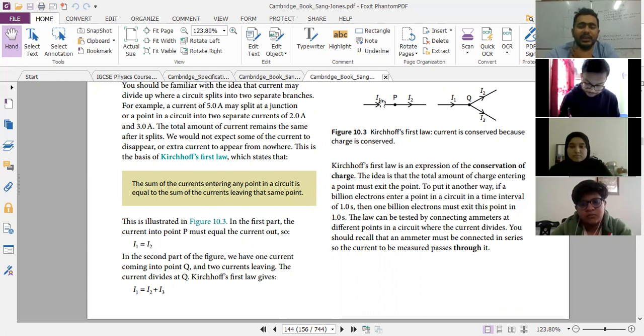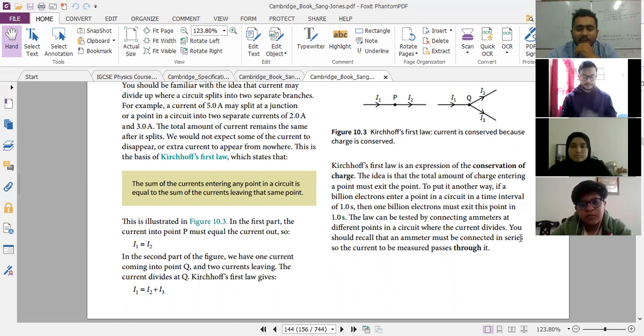That is, if we connect an ammeter on the left side here, and on the right side to measure I2 we connect another ammeter, then those two ammeter readings should be the same. If we connect one ammeter here to measure I1, and two more ammeters for I2 and I3, then the reading in the first ammeter should be equal to the sum of I2 and I3. Right?